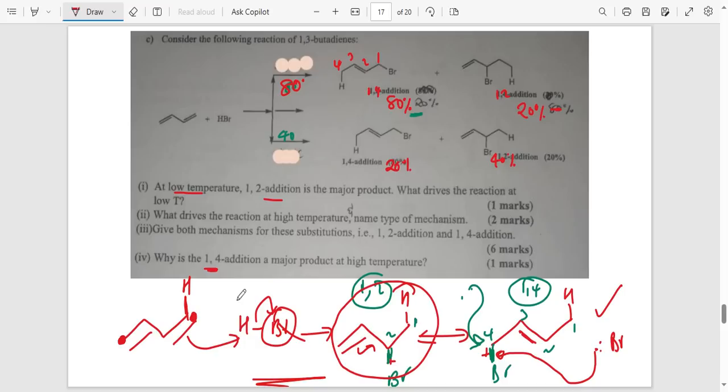So at high temperature, your compound can easily attach at the primary carbons because of energy. High temperature is energy that is facilitating the reaction. At low temperature, what is facilitating the reaction is just the stability of the intermediates.